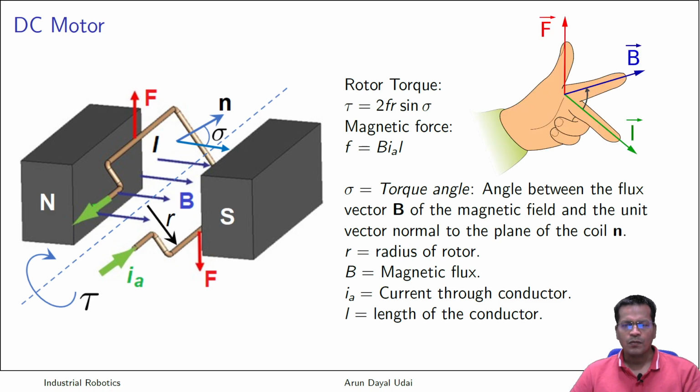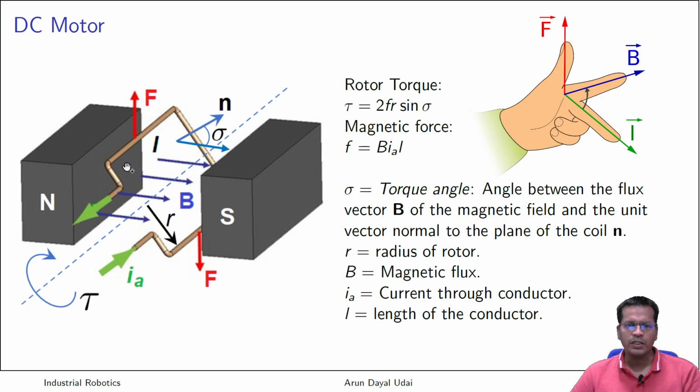If this conductor has current passing through like this, and the field is like this, north to south, with the field shown in blue color and current shown in green color, this will create an upward force in this conductor, and in this conductor it will create a downward force.